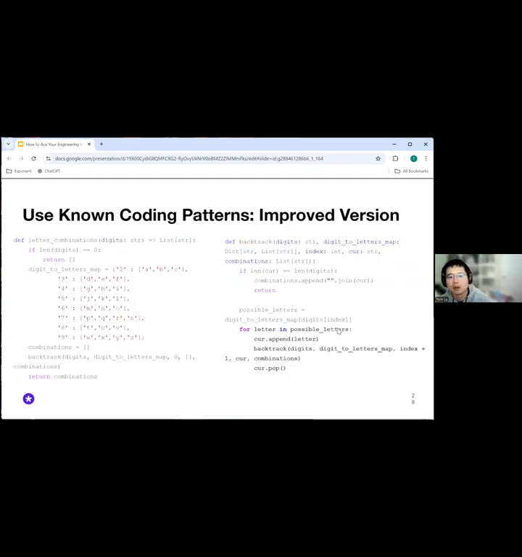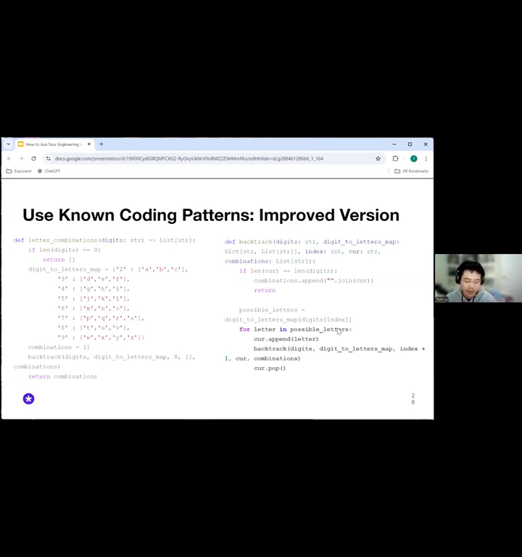Now, think about this improved version, right? This has a function called backtrack. And inside the backtrack function, there's only one single for loop. Inside this one single for loop, there's some operation based on this variable called current, and then it calls another function which happens to be the same name as the original function, right?